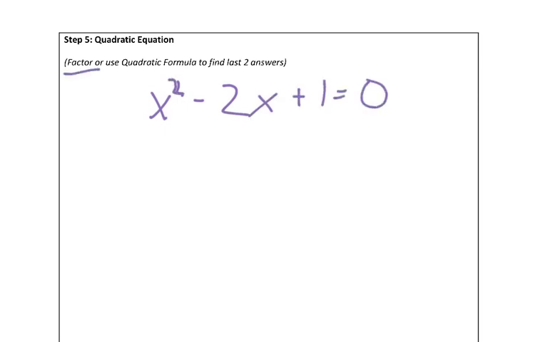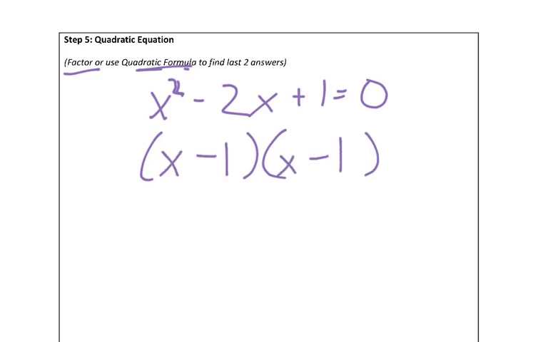If I can, I want to factor, or if I can't factor, use the quadratic formula. Well, this factors as x minus 1 and x minus 1. So I set each of these equal to 0.